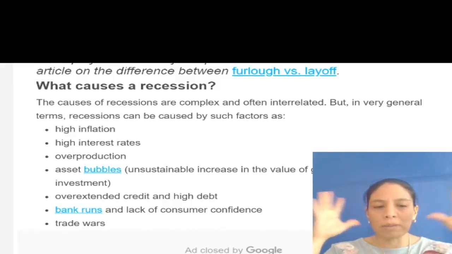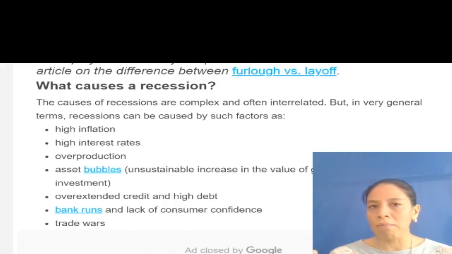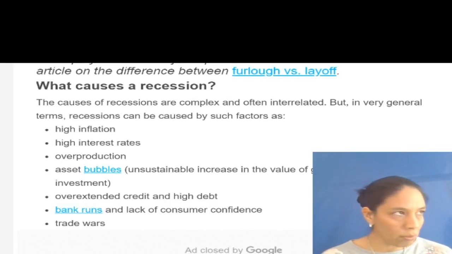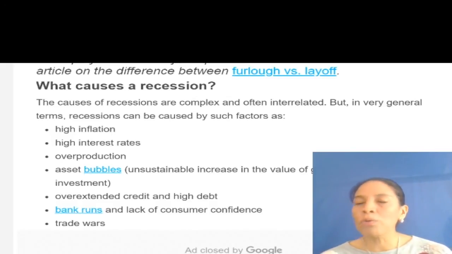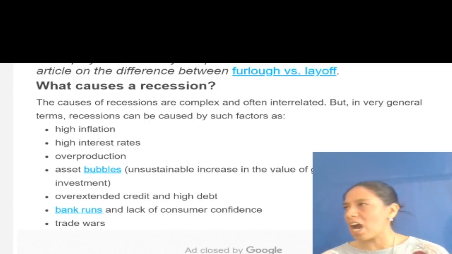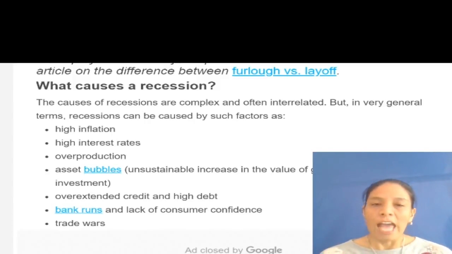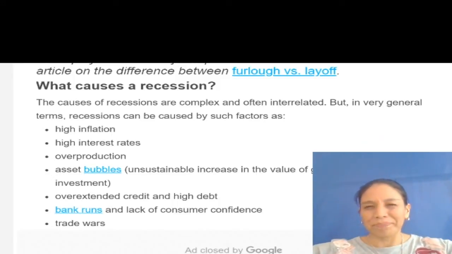So people know the economy is growing, and they start investing. They get loans, they invest, they start constructing, they start building, they start hiring, and so on. Okay, and so that creates a bubble.